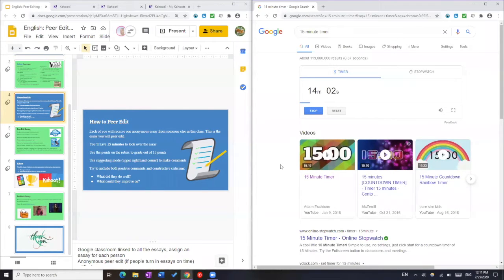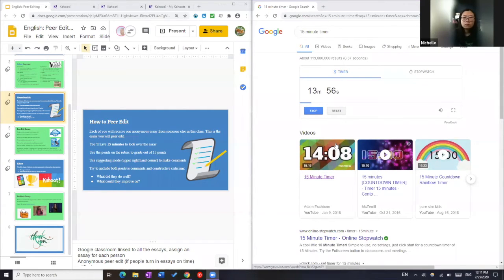Okay, that's the Google Classroom code. So just copy and paste it into Google Classroom, and you'll see the assignment is on the very top.